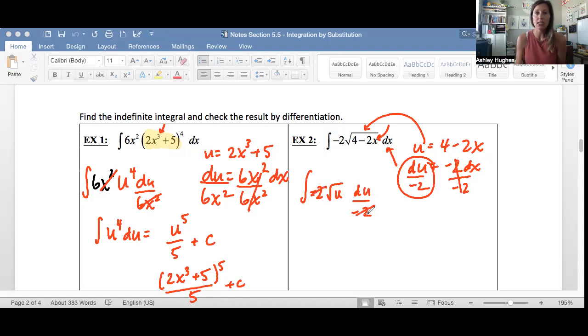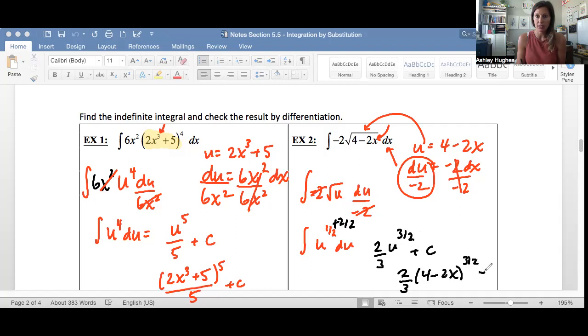The negative 2's cancel. I can rewrite u to the square root as u to the 1/2. And when you take the antiderivative, you're adding 1, so that's like adding 2 over 2. So that'd be the u to the 3/2, divided by 3/2 is multiplying by 2/3. So 2/3 (4 minus 2x) to the 3/2 plus c.